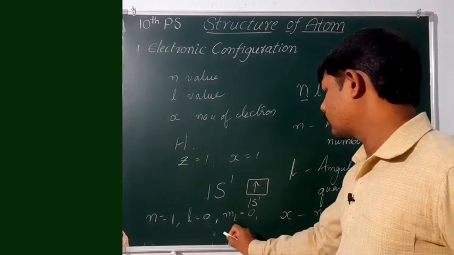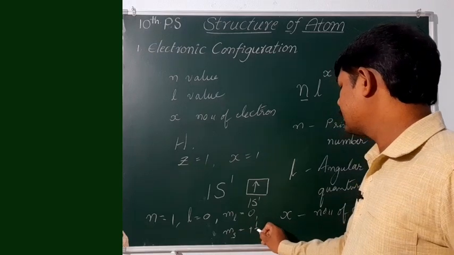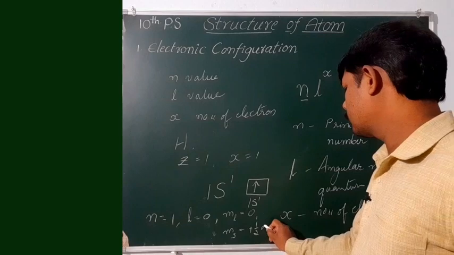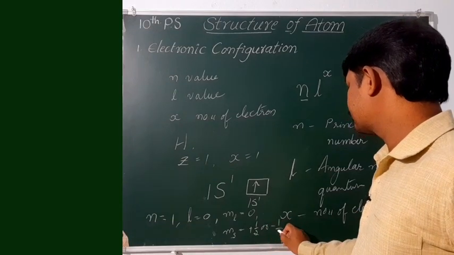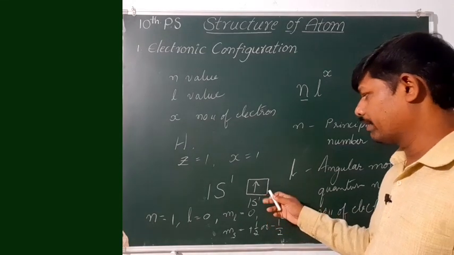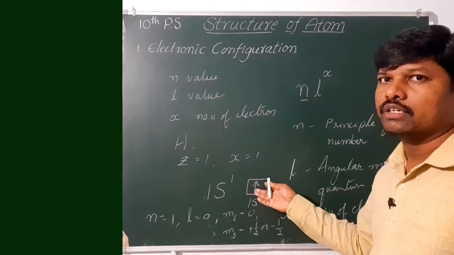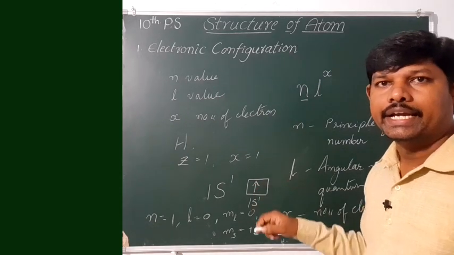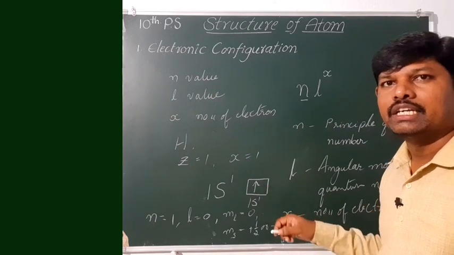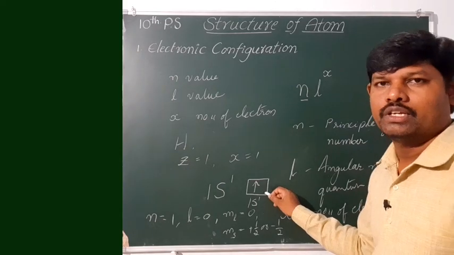The spin quantum number ms is equal to plus 1 by 2 or minus 1 by 2, because it has only one electron. So we can write either clockwise spin or anti-clockwise spin. This is very easy because only one electron is present in its atom.